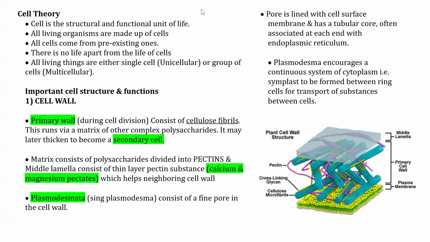All cells come from pre-existing ones, which is one of those things we mentioned earlier. And there's no life apart from the life of cells. So every living thing, you definitely talk about what? The cell. All living things are either single cell, which is unicellular, or a group of cells, which is multicellular.